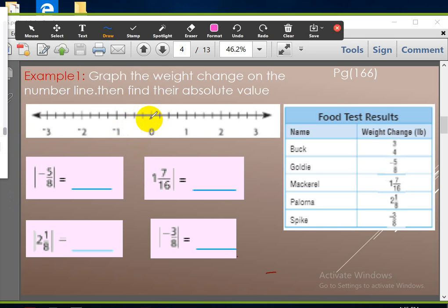That means it will be between 0 and -1. It will be here. Try to divide. This is -5/8.